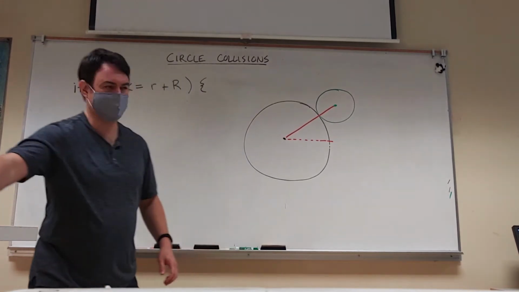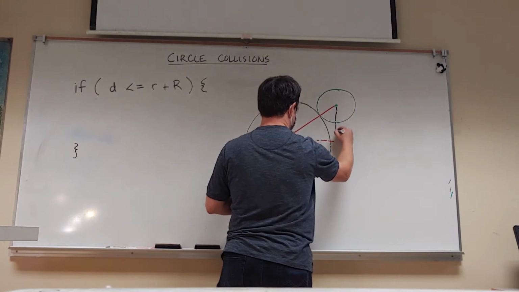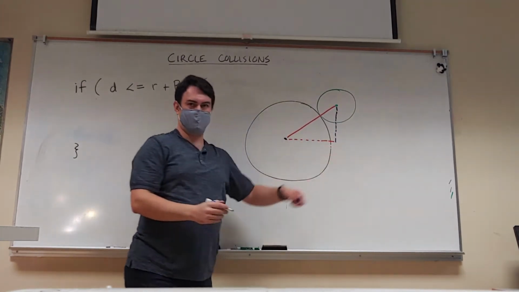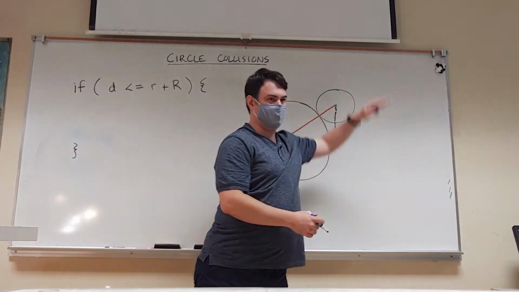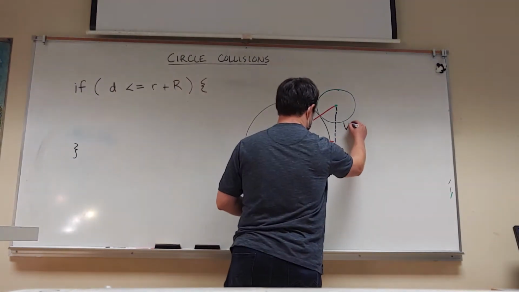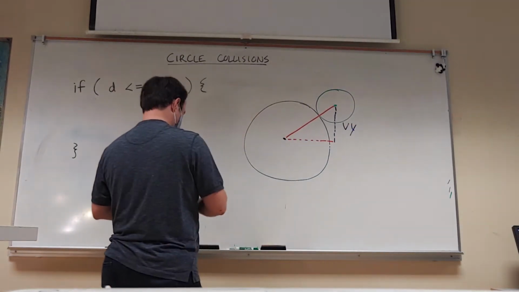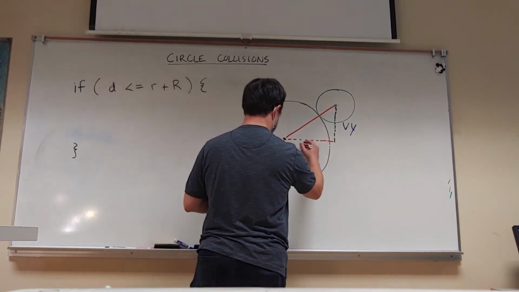I had a blue, here it is. This is the rise, and that's the run. If I can figure out that information and make that my new Vx and Vy, then it will move along that slope. So this is going to be our Vy, and this I should have used green or something. I'll just use Vx for red.